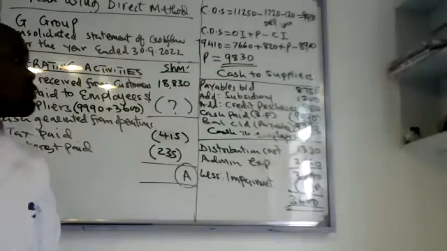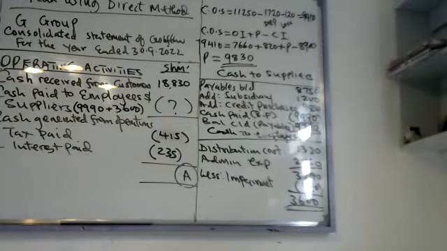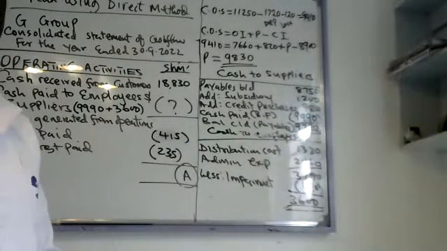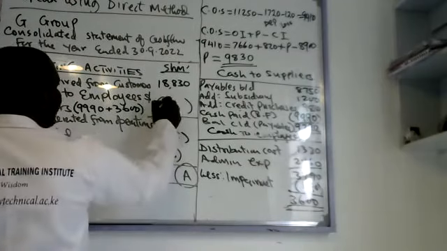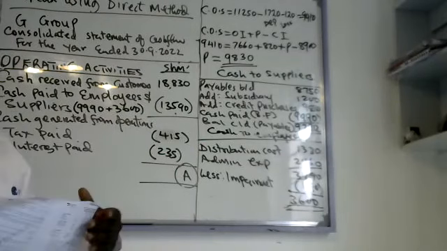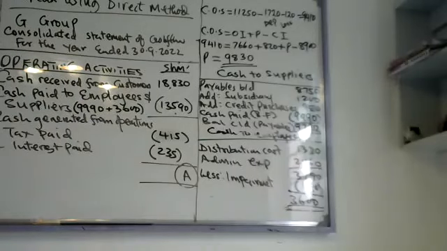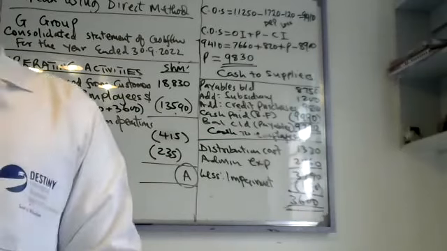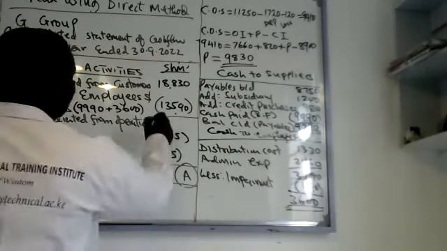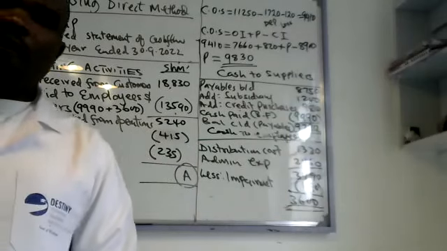9990 plus 36 is 13,590. 18 minus 13, what will you get? 5240. 5240 minus 415 minus 235.